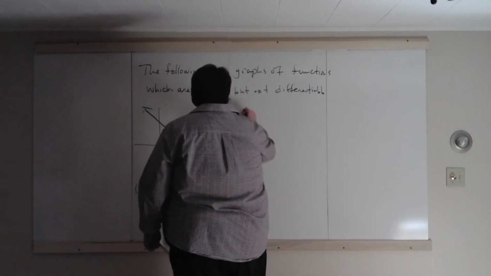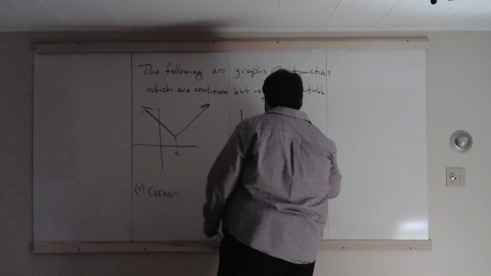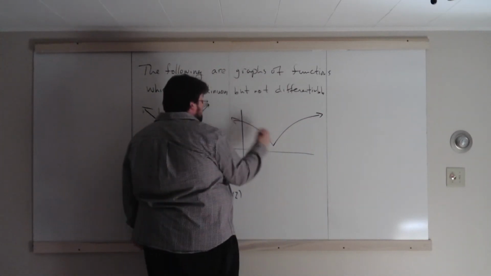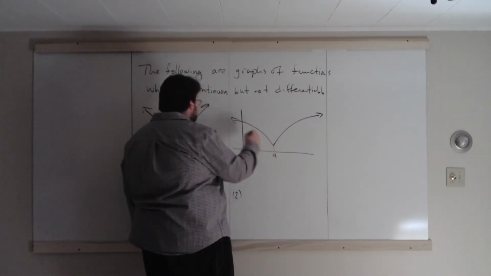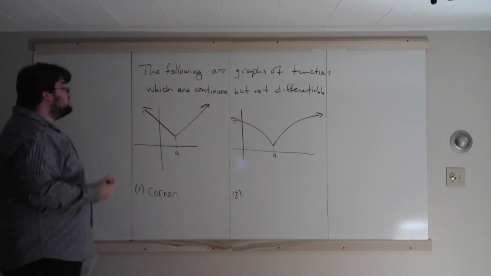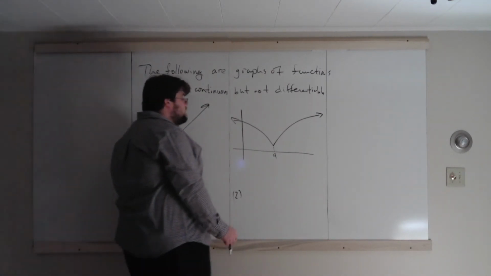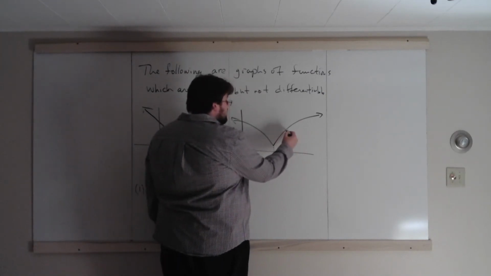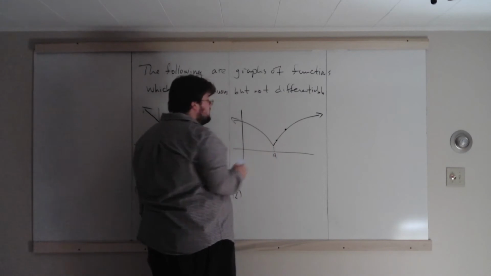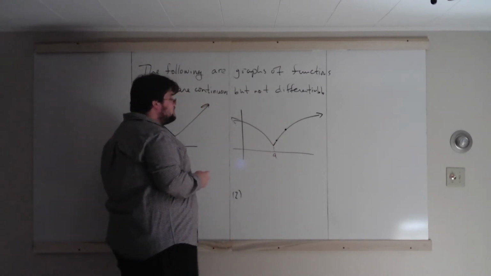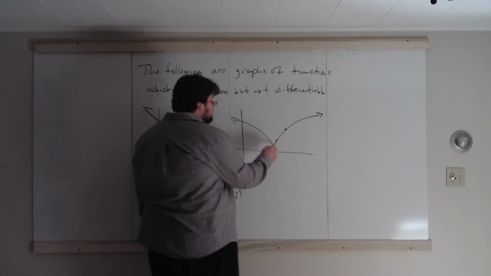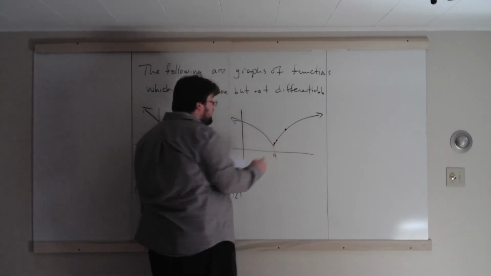The second one will look something like this. We'll call that point A. So right here, what do the tangent lines look like? Well, the tangent line here is a positive number. Tangent line here, a positive number. But notice, it is getting larger. Tangent line here, a positive number.